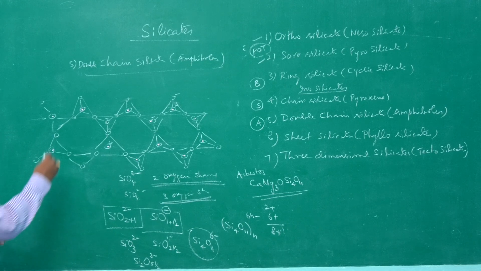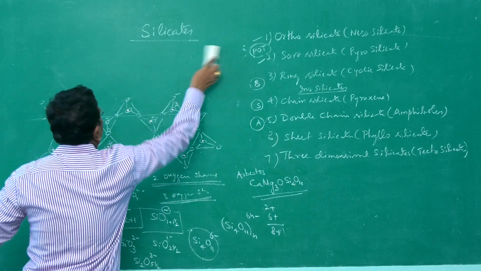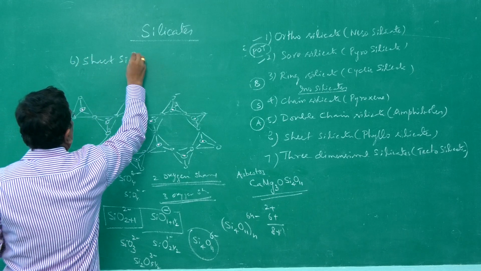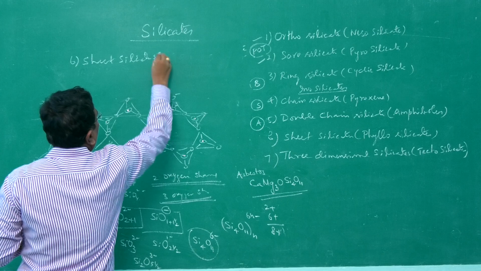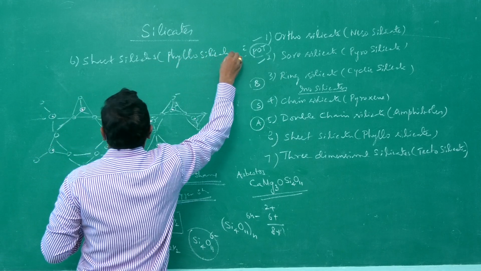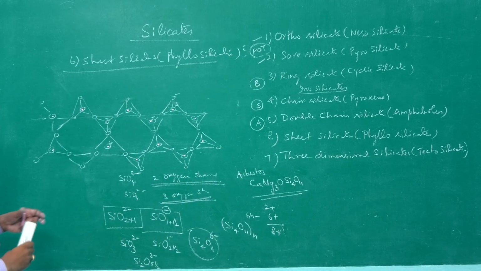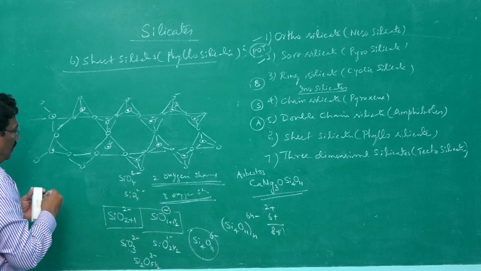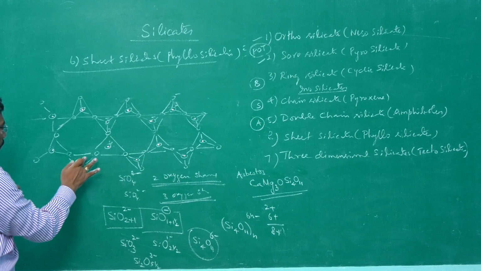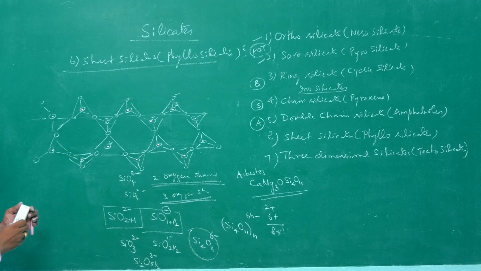Next one, sheet silicate. I can use the same thing for sheet silicate. Sheet silicate or phyllosilicate. It is extended. It goes on in all the directions, and therefore 3 oxygen atoms of SiO4.